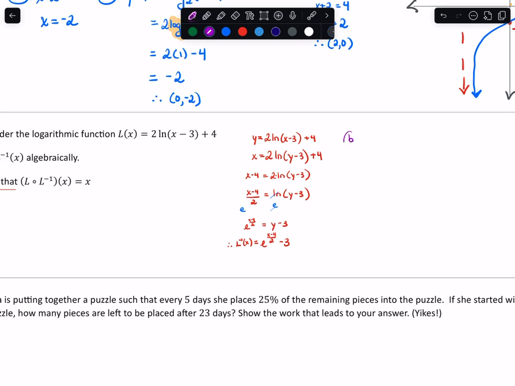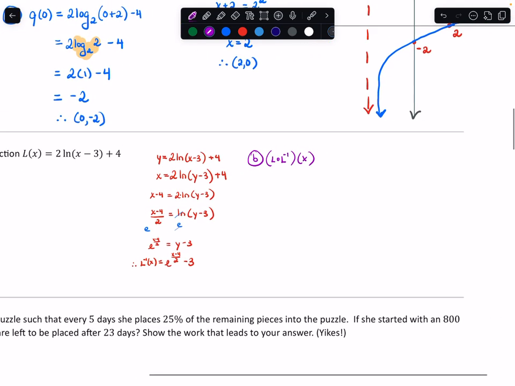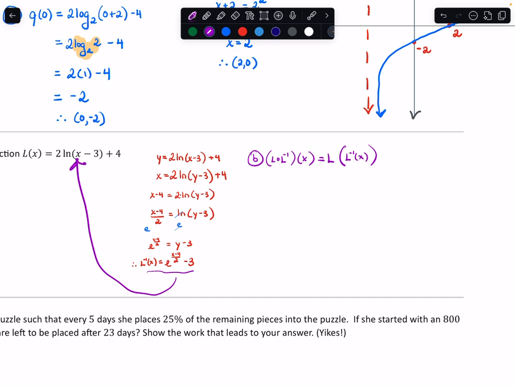So you're asking me to find L composed with L inverse, which really means you're looking for L of L inverse of x. In other words, you are putting L inverse in for x in L of x. You're just substituting another function.